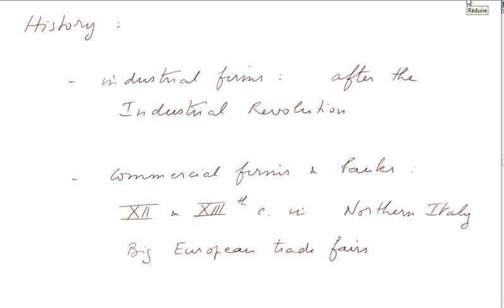Let's look a little bit at history. We shall actually devote one lesson to the history of firms. Industrial firms, the way we know them, modern industrial firms, date from after the Industrial Revolution. That is this big social and economic change that happened first of all in England, in the United Kingdom, in the second half of the 18th century, that is between 1750 and 1800.